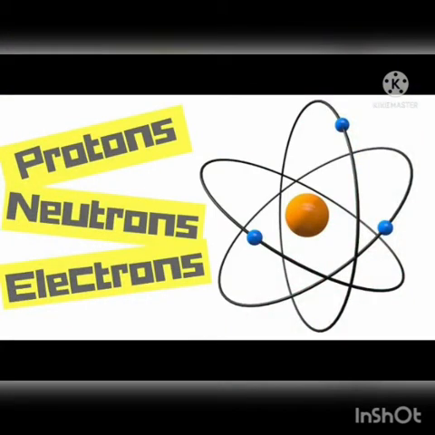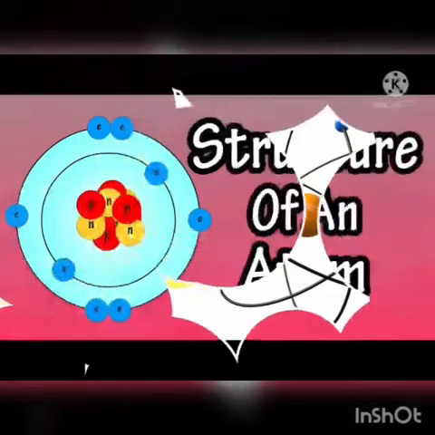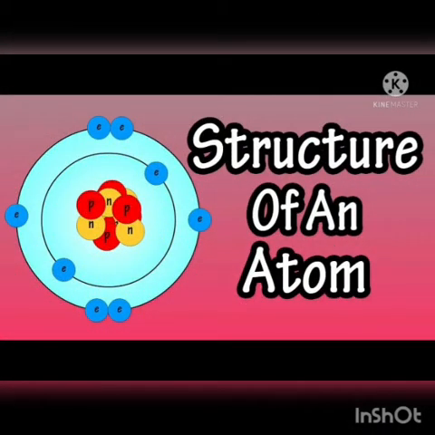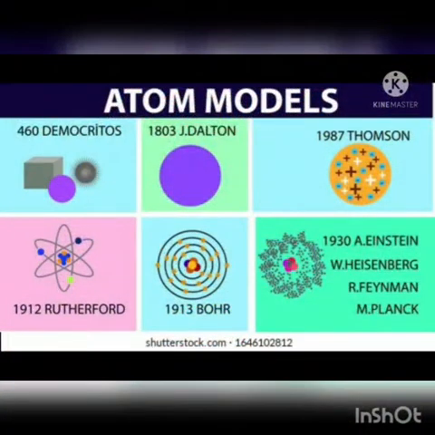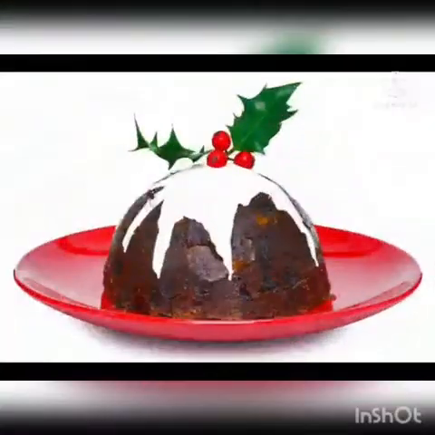The first attempt to describe the internal structure of an atom was done by Sir J.J. Thomson. He went one step further and proposed the model of an atom to be similar to, you will never guess what I am going to say, a Christmas pudding.